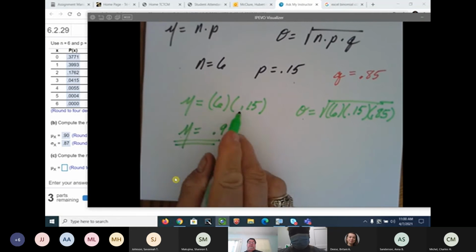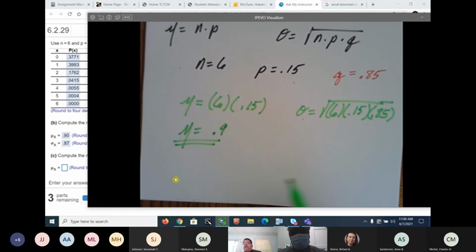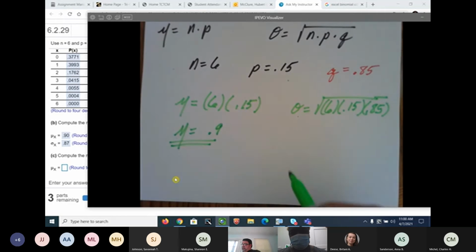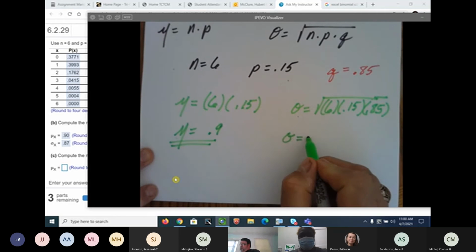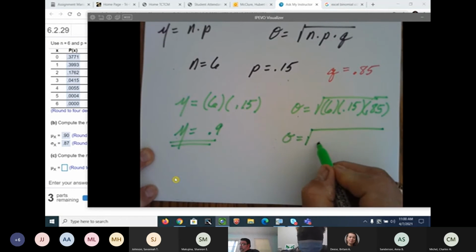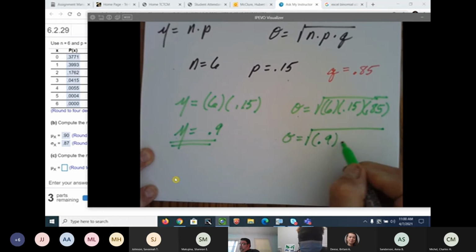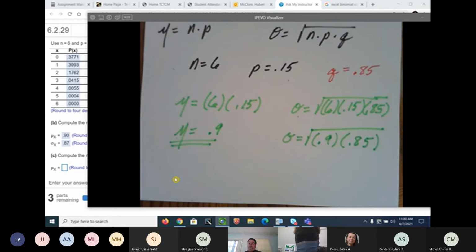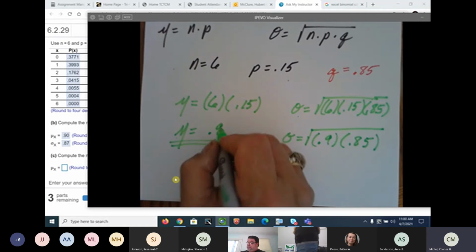Somebody take 6 times 0.15 and see what you get. I got 0.9. It's a miracle.